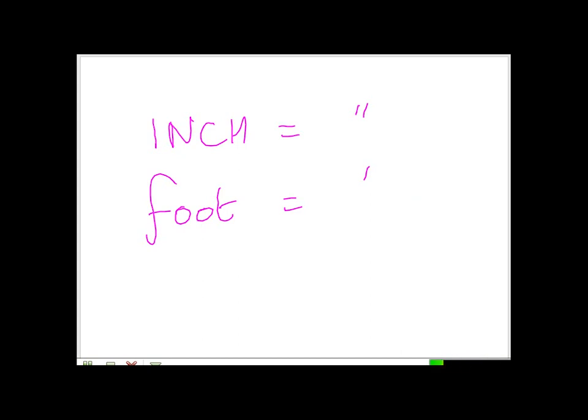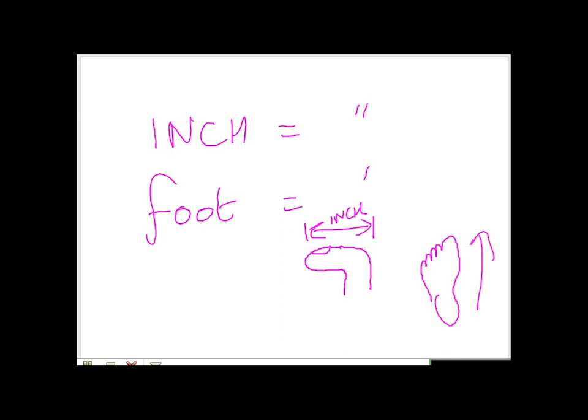The inch is supposed to be a thumb joint. And a foot, of course, is supposed to be the length of a foot. Silly measurement system, really, but there you are. Kind of depends on the size of people's feet.